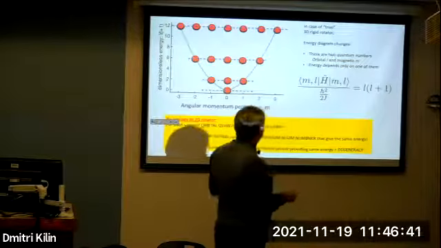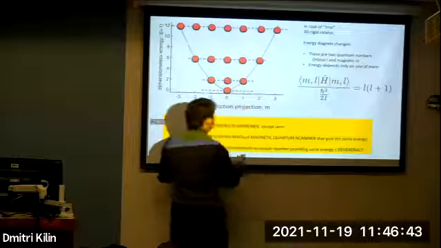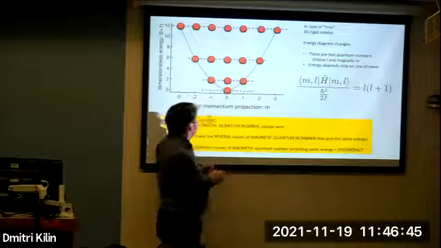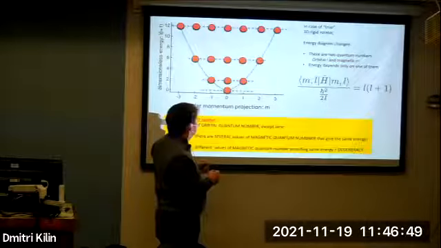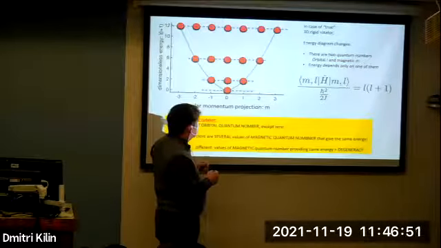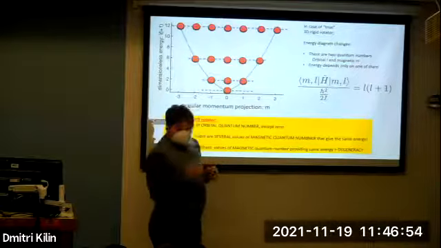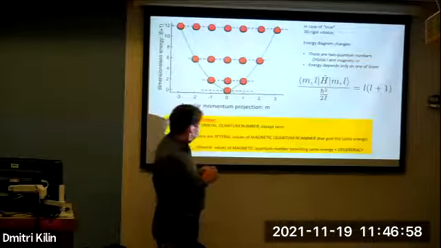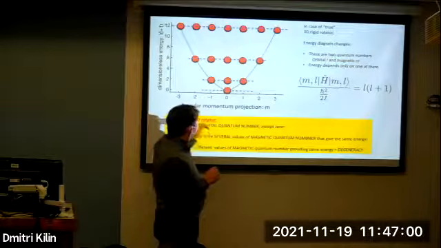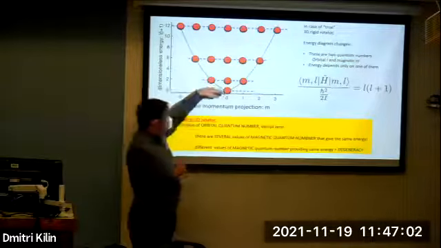And another feature: if we scan through different values of total angular momentum and scan different values of magnetic quantum number, there will be different degeneracy.